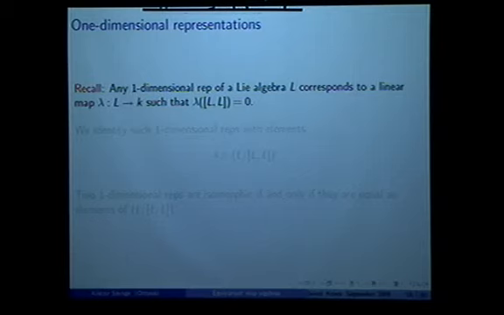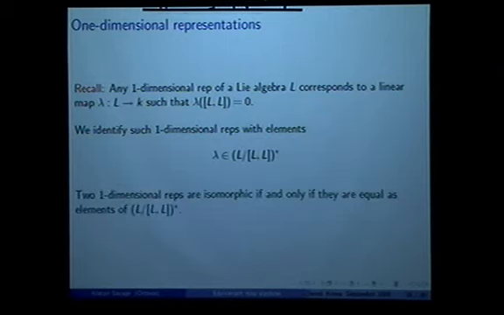So we can identify one-dimensional representations with elements of the dual of the Lie algebra modulo its commutator. And two one-dimensional representations are isomorphic if and only if they're equal as elements of this dual space. So this dual space parameterizes all the one-dimensional representations.